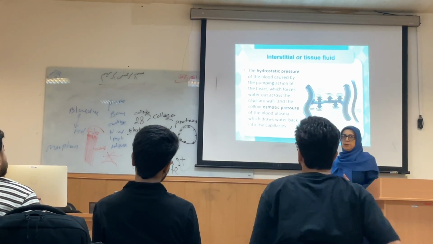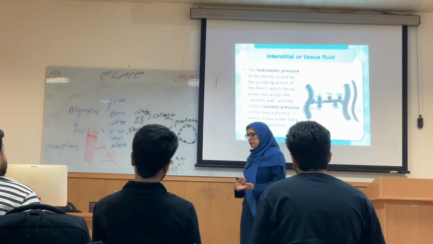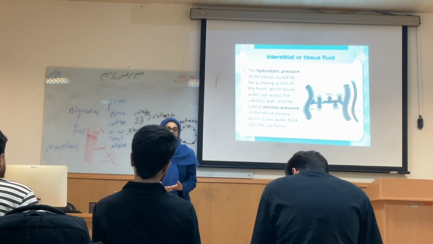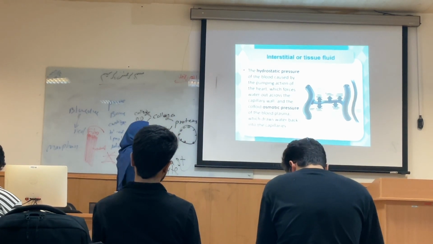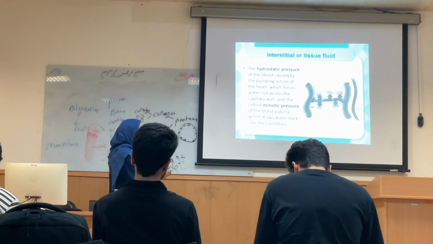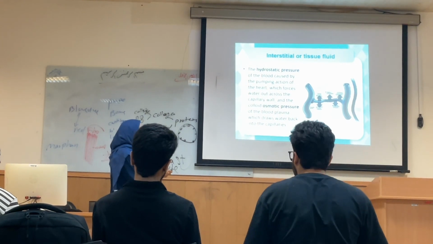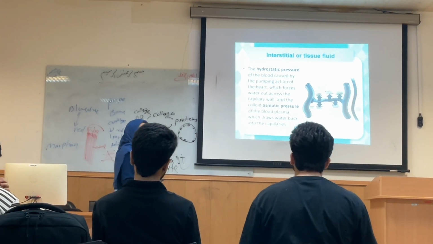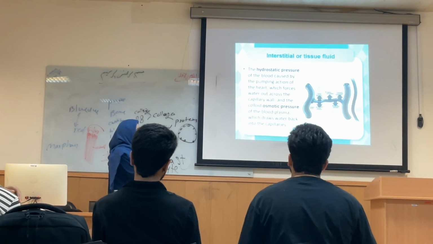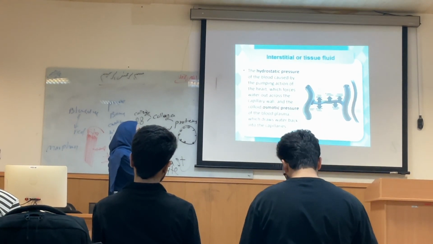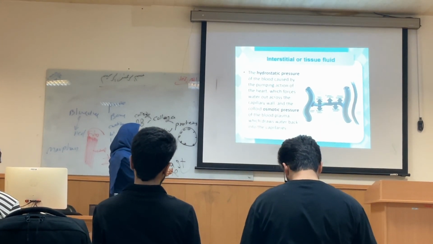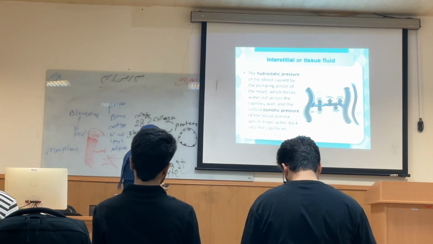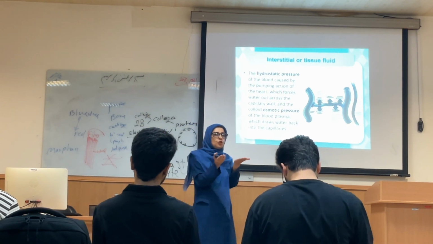The most part of the blood also includes water, which plus the proteins we name plasma, in the blood vessels, and also the interstitial space includes water. They form two types of pressure: hydrostatic pressure in the blood and osmotic pressure in the ECM. And these two pressures should be balanced.